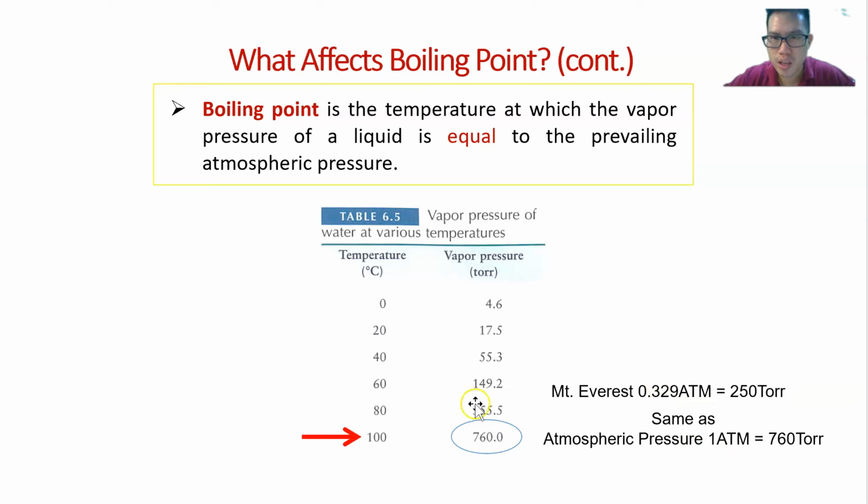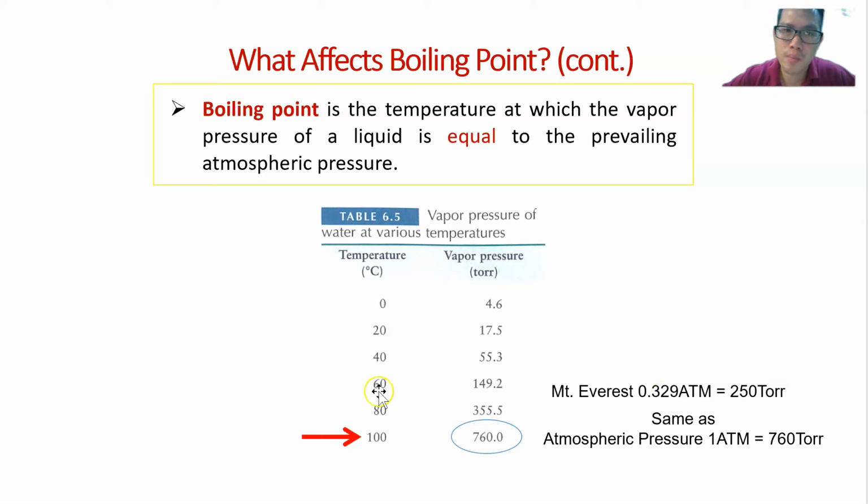So what happens is that when the water reaches about 70 degrees Celsius, it starts to boil, because the vapor pressure reaches the same as the atmospheric pressure on Mount Everest. So it boils at 70 degrees Celsius.